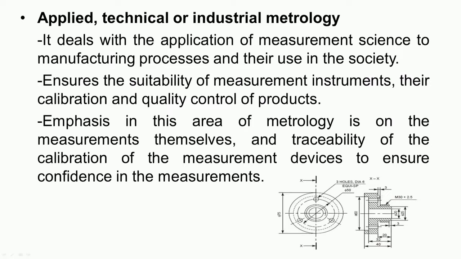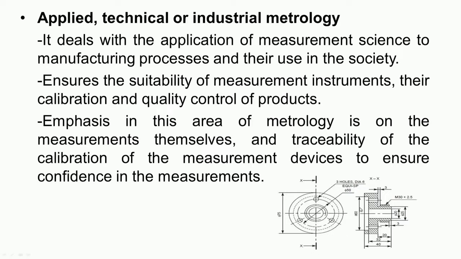Recess is there for which we have to measure the depth of the recess or width of the recess, and various lengths we have to measure, and there is a threaded portion here. We need to measure the thread elements like pitch of the thread, flank angle, major diameter, minor diameter, etc.